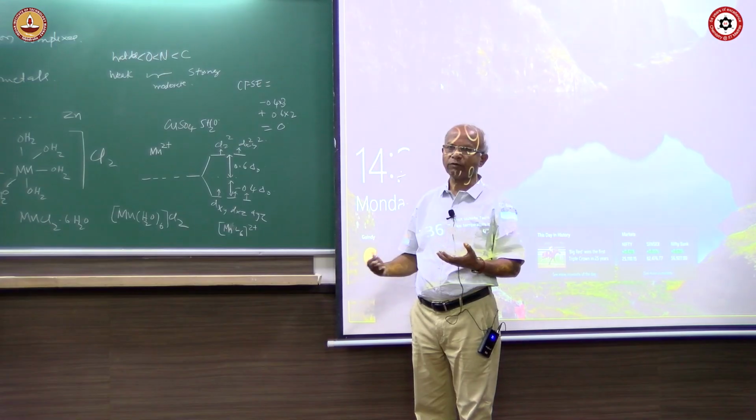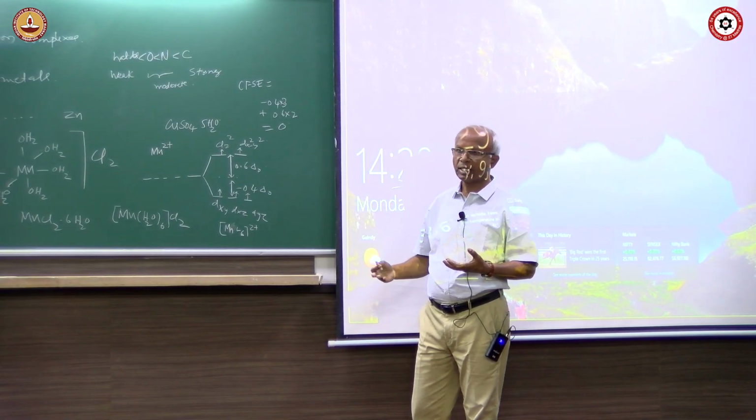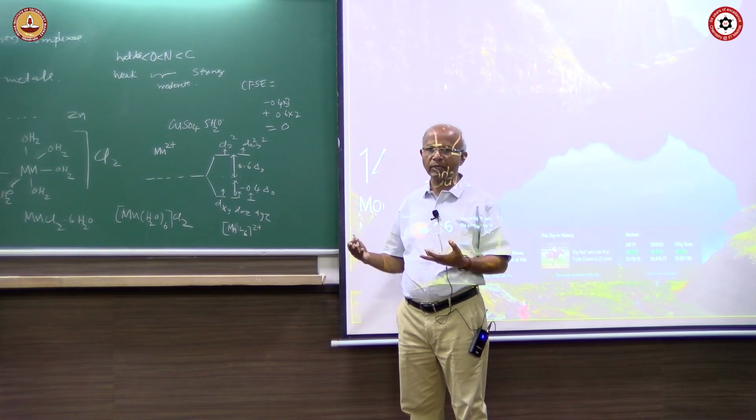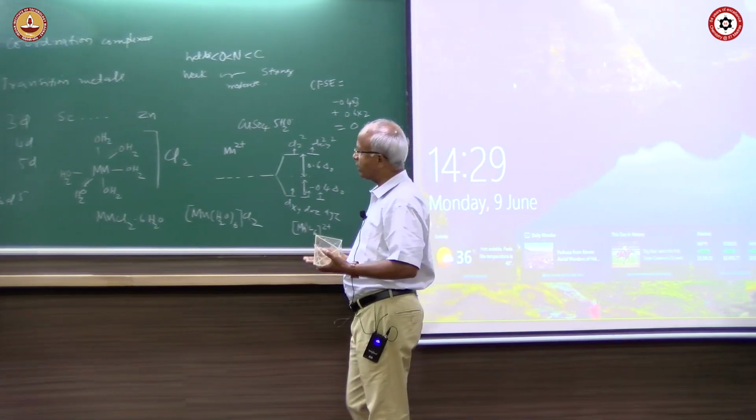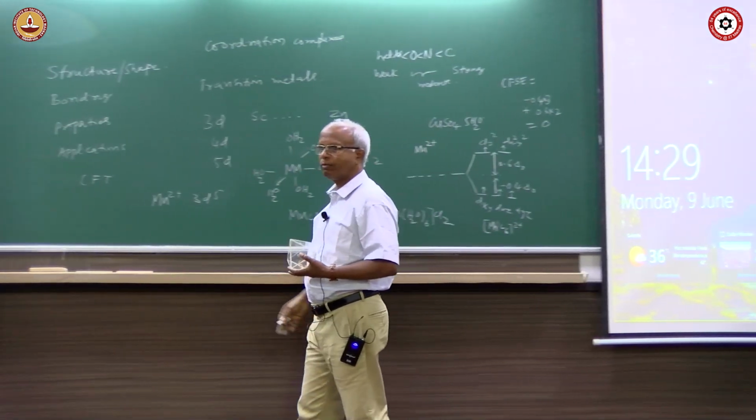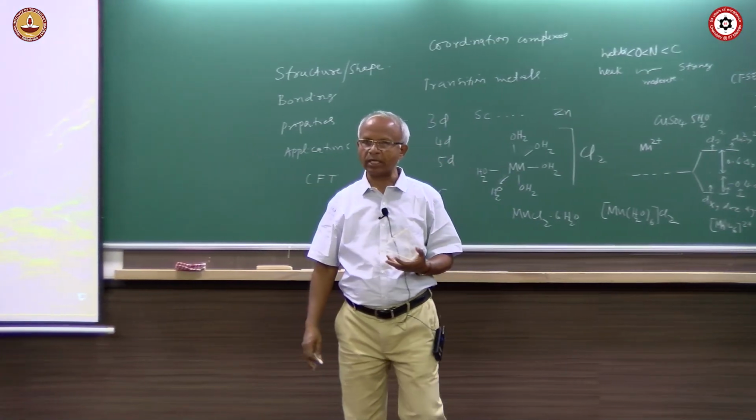So in the case of manganese 2 plus, it actually doesn't achieve anything by having water as a ligand, because it is a weak field ligand, and there is no effect on it. Hence all the 6 ligands will be equidistant from the metal.